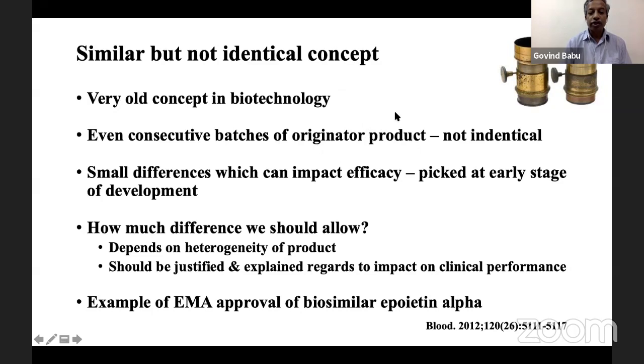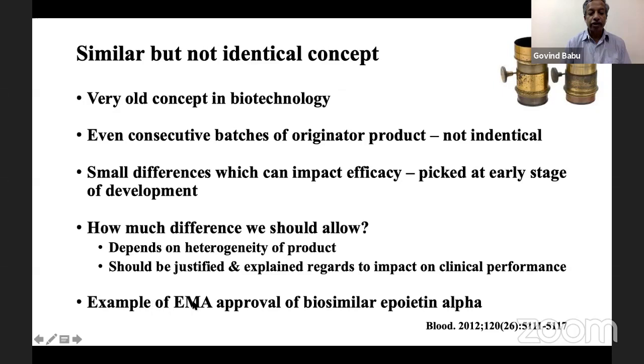So truly speaking, the two batches of an innovator itself is a biosimilar. Small differences which can impact efficacy can be picked early in development, and that needs to be corrected. And how much difference we can allow depends on the heterogeneity of the product, and this should be justified and explained with regards to the impact of the clinical outcome and the practice.